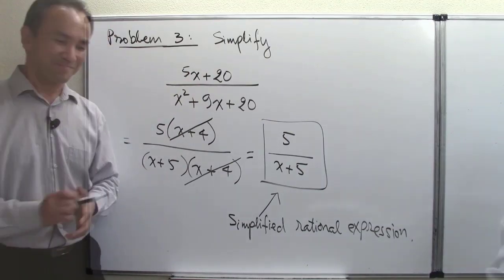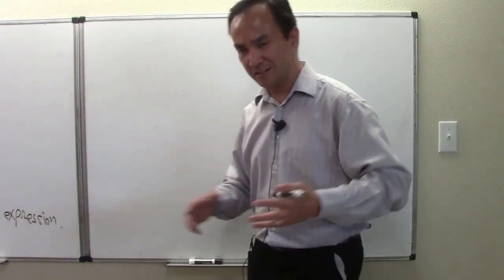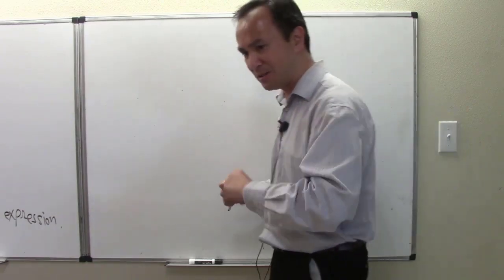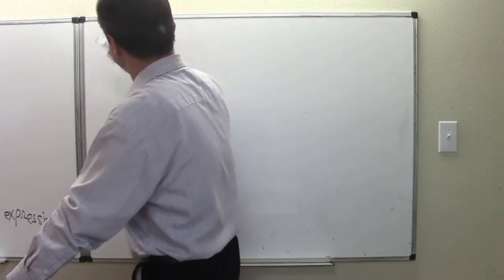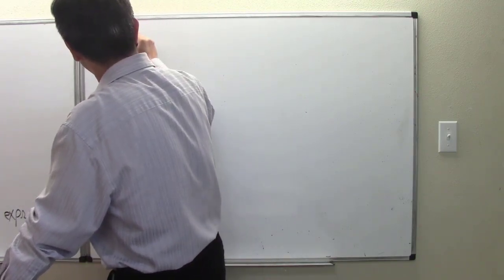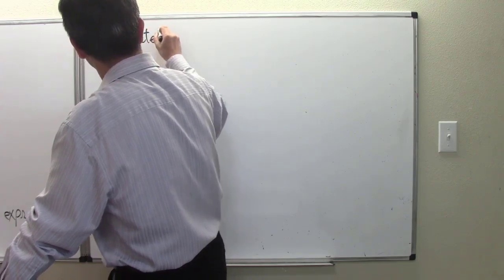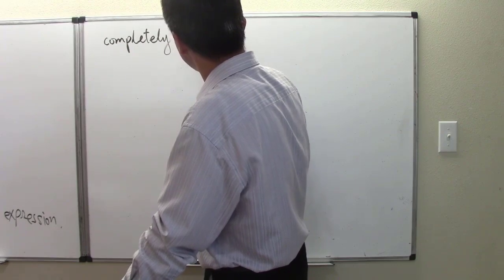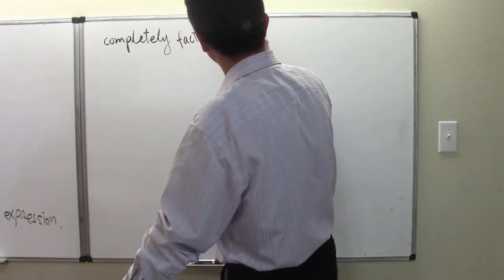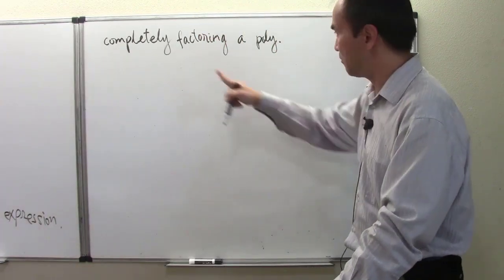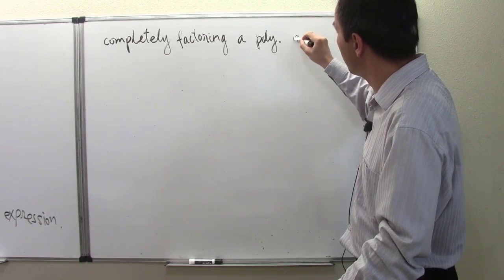All right. And I have mentioned that a couple times as I was going through the demonstration problem. So now at this point, clearly, as a remark here, when we're saying that we're completely factoring a polynomial, allow me to use some shorthand writing right here, completely factoring a polynomial expression.